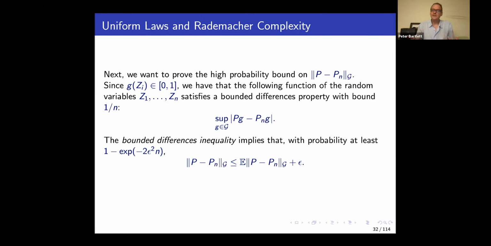Just to give you a flavor of that, what we're going to exploit here is that this random variable is concentrated because it has a particular property, something called the bounded differences property, that means that with high probability, it's not too far from its expectation. I wrote this as an upper bound, but there are upper and lower bounds on the deviation between this random quantity and its expectation. Okay, so what's the bounded differences inequality?